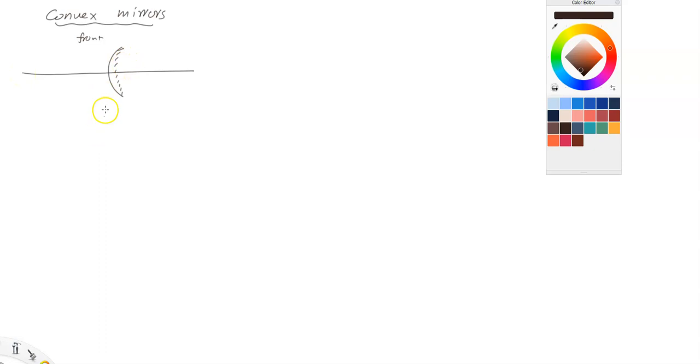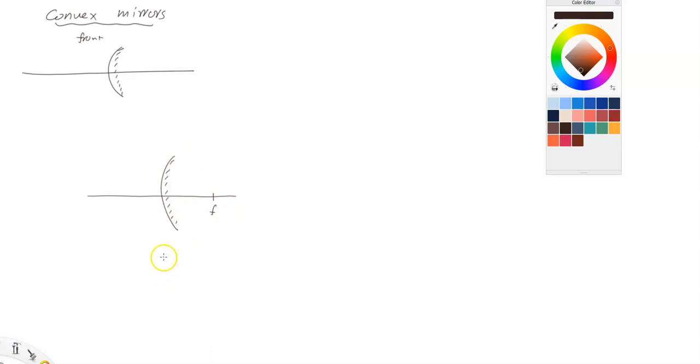Now let me redraw this thing. For convex mirrors, we define the focal point inside the mirror, right? So the focus or the focal point is over here on the back side of the mirror.